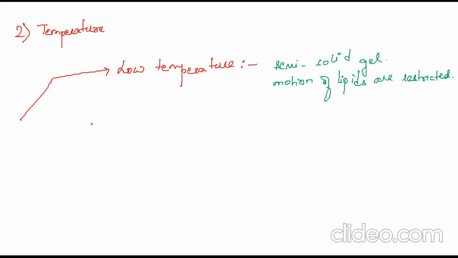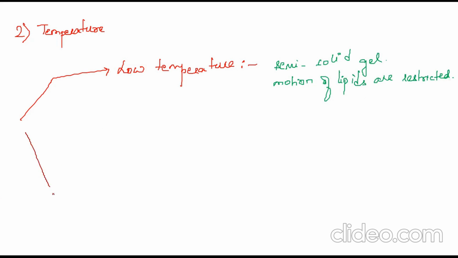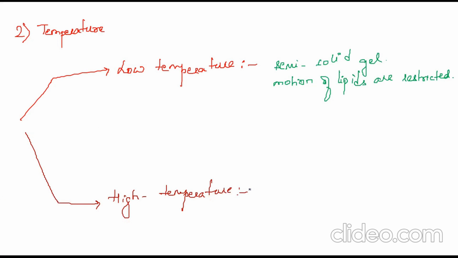Now what happens at high temperature? At high temperature, the fatty acids are in constant motion because of rotation around the C-C bond.